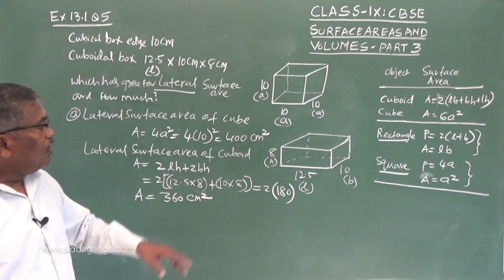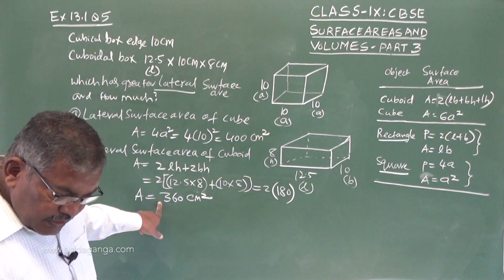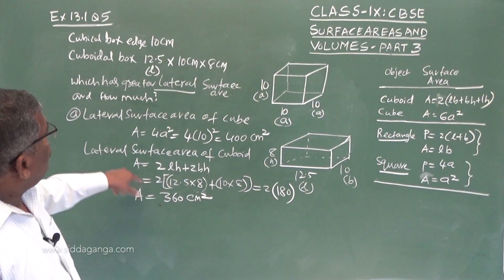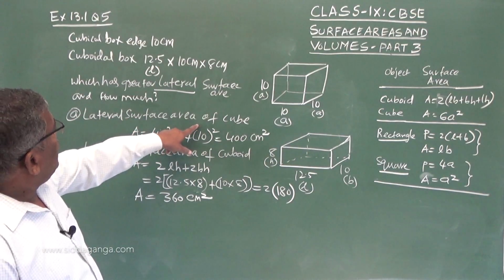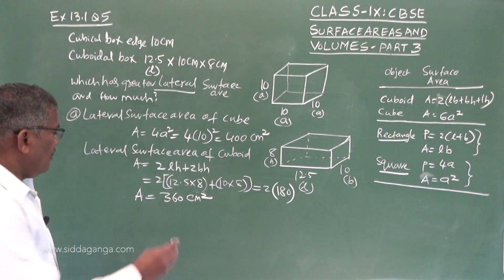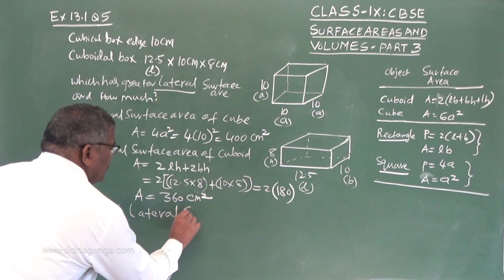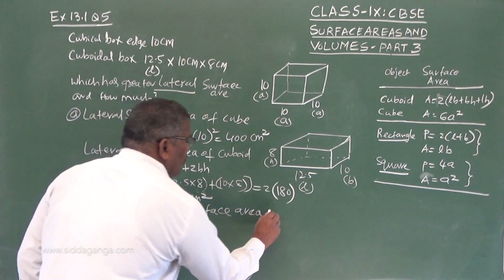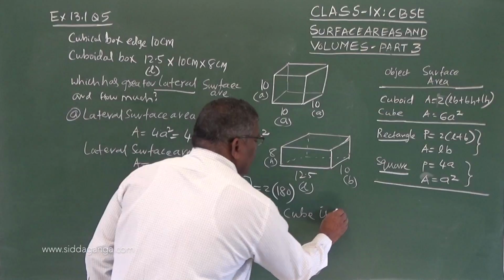Lateral surface area of cube is 400 and cuboid is 360 centimeter square. Now, the conclusion is the lateral surface area of the cube is greater.